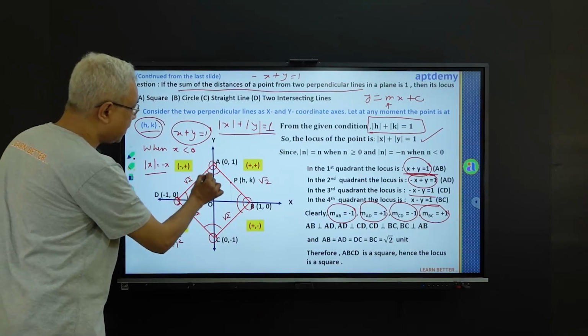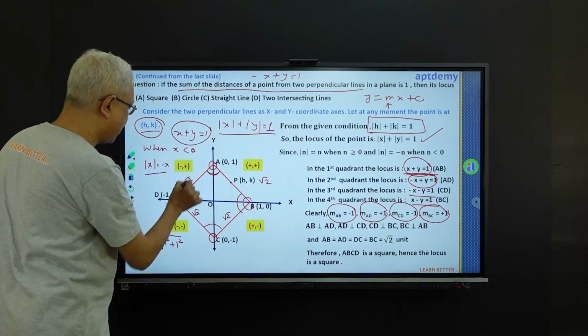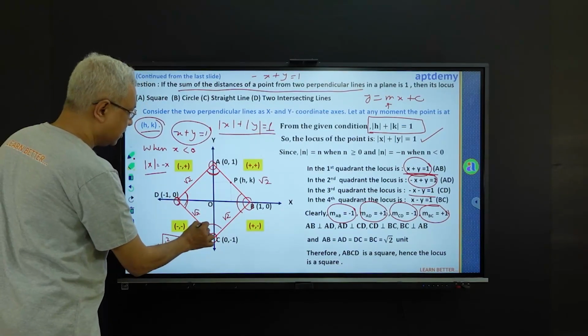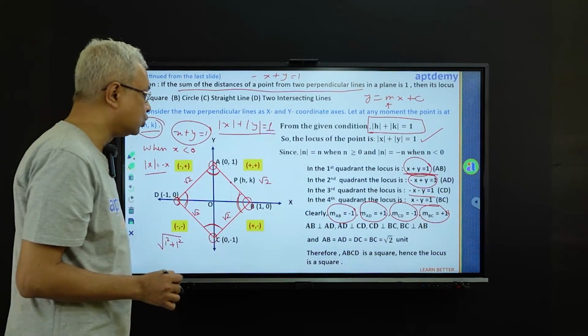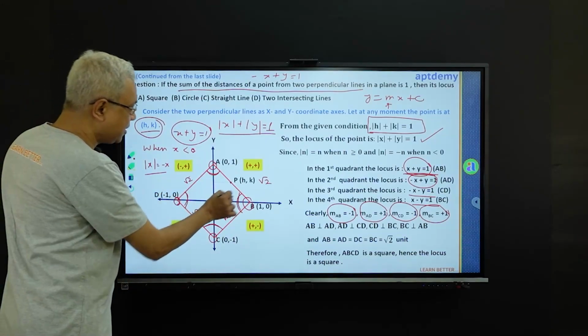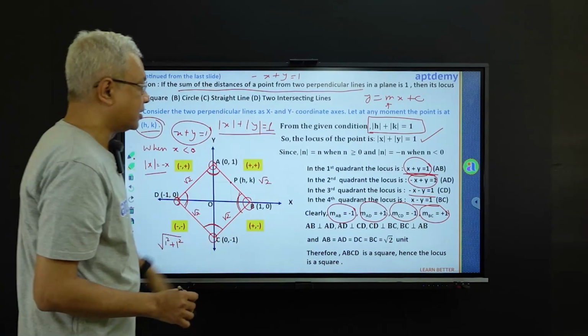So all the interior angles of this quadrilateral ABCD are 90 degrees, and the sides are equal with length √2. Therefore, ABCD is a square.